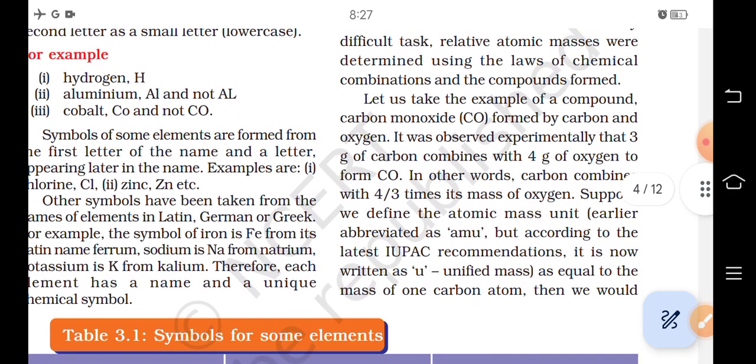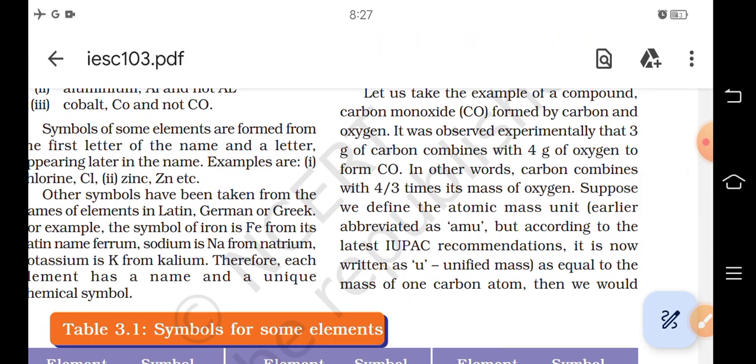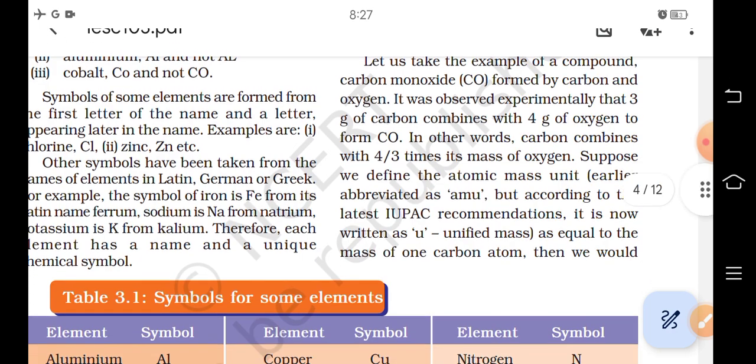Let us take the example of the compound carbon monoxide, formed by carbon and oxygen. It was observed experimentally that 3 gram of carbon combines with 4 gram of oxygen to form carbon monoxide. In other words, carbon combines with 4/3 times its mass of oxygen.